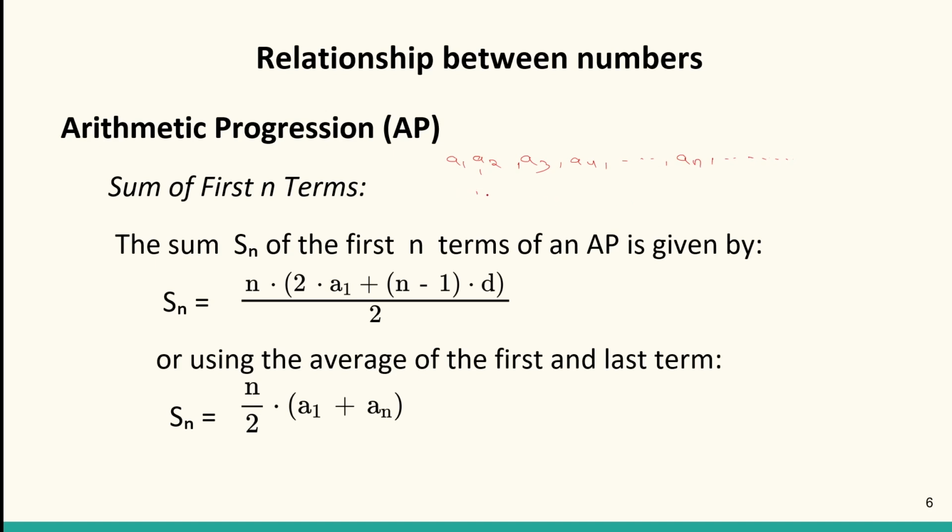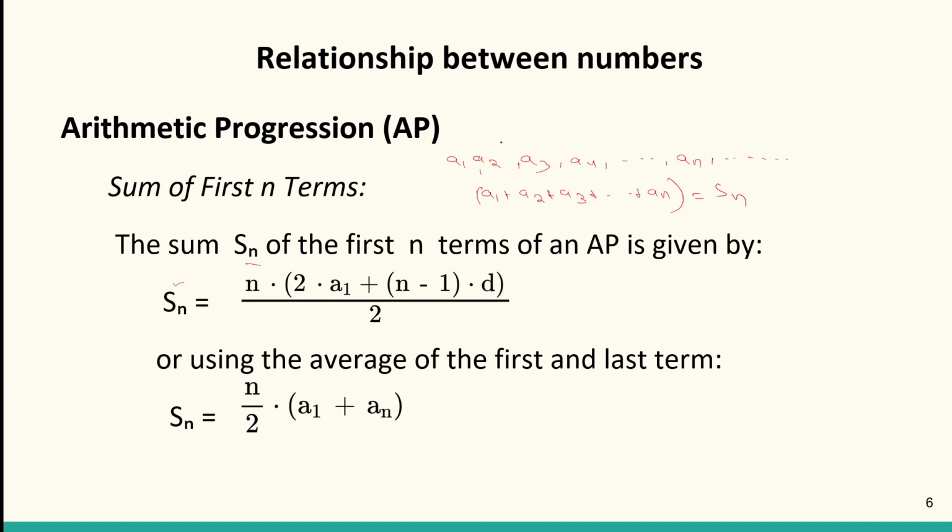The sum of the first n terms is a1 plus a2 plus a3 plus so on plus an, which is equal to Sn. So Sn is the sum of the first n terms of an AP, and it is equal to n into 2 into a1 plus n minus 1 into d, whole by 2. Here d is the common difference and n is the number of terms.